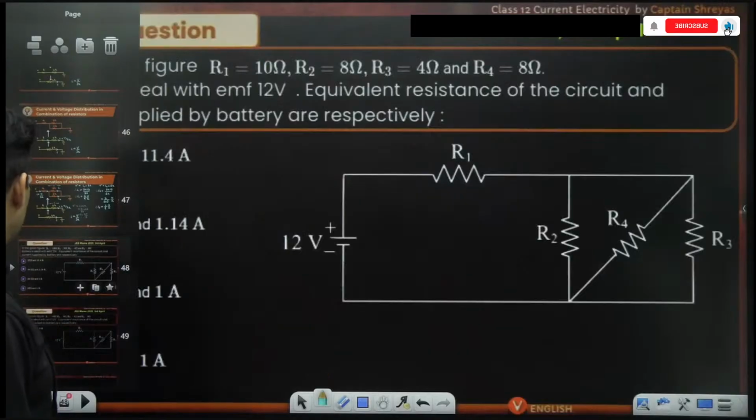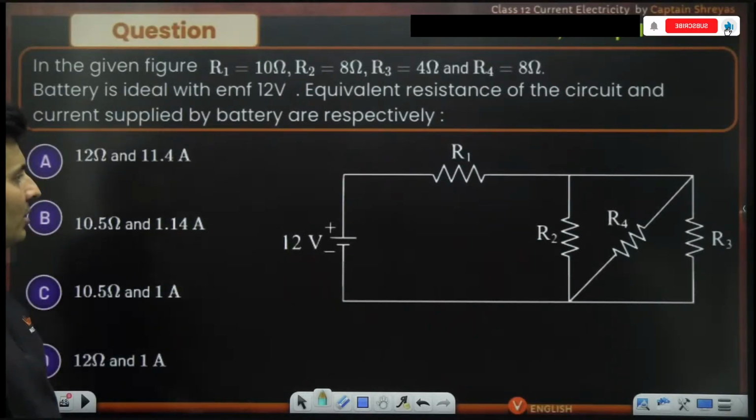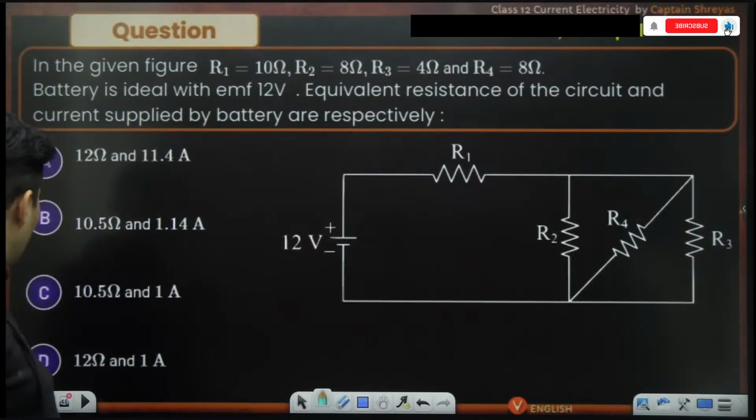Great. So let's see if you can figure out this particular question, which was asked in JEE Mains 2025 this year. R1 is given 10, R2 is given 8, R3 is given 4, R4 is given 8. Battery is ideal, EMF is 12 volts. Find the equivalent resistance of the circuit and the current supplied by the battery.